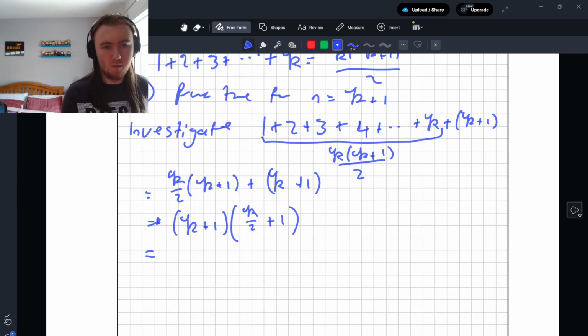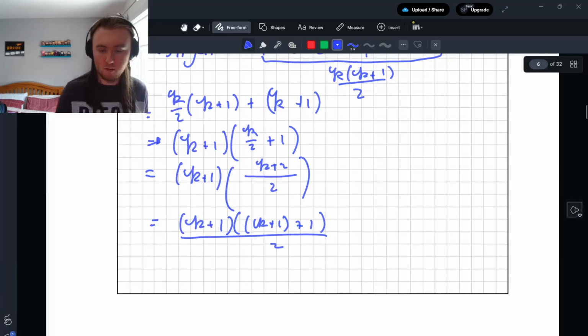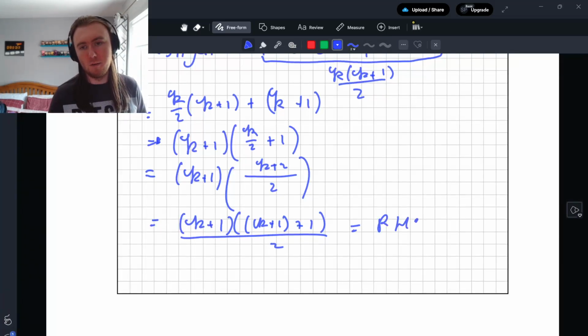That should always be equals. So that's k plus 1 times k plus 2 over 2, which is k plus 1 times k plus 1 plus 1 over 2, which will equal the right hand side if we sub things in.